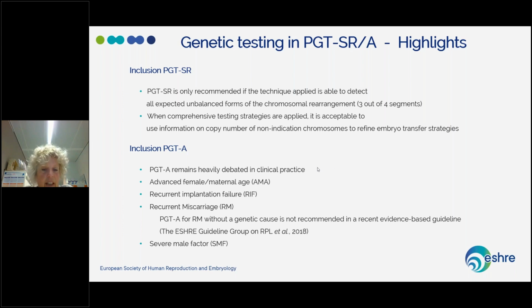And the last indication reported is severe male factor. If I can have the next slide.